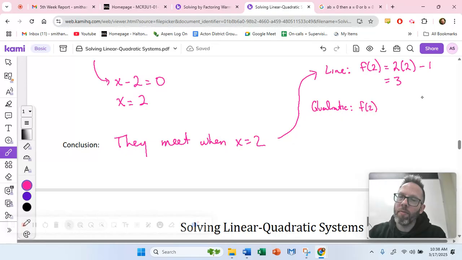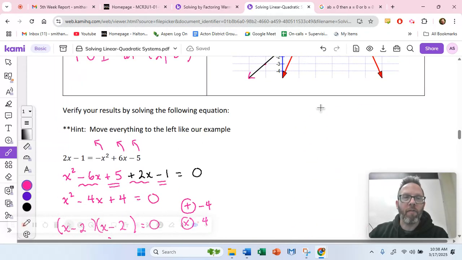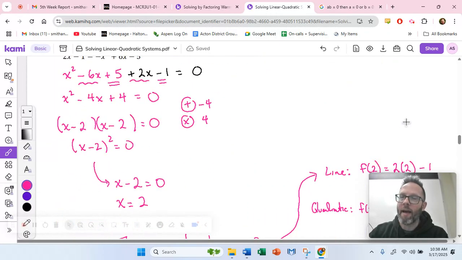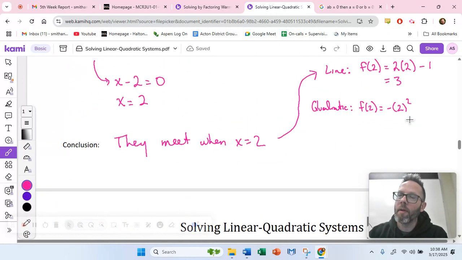Plug in 2, you get minus 2 squared. My memory is bad. What's the function? It is plus 6x minus 5. And then we do plus 6 times 2 minus 5. We should also get 3 if we plug it in there. 2 squared is 4, and make it negative.